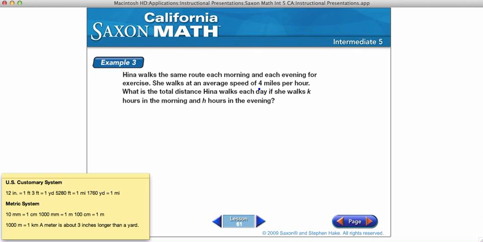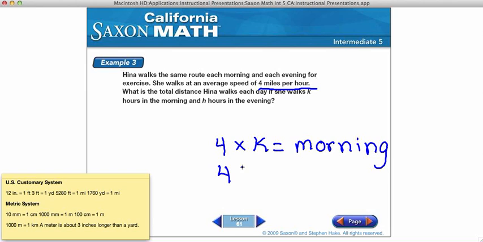Here we go. 4 miles times K equals how far she walked in the morning. 4 miles per hour times H equals how far she walked in the evening.